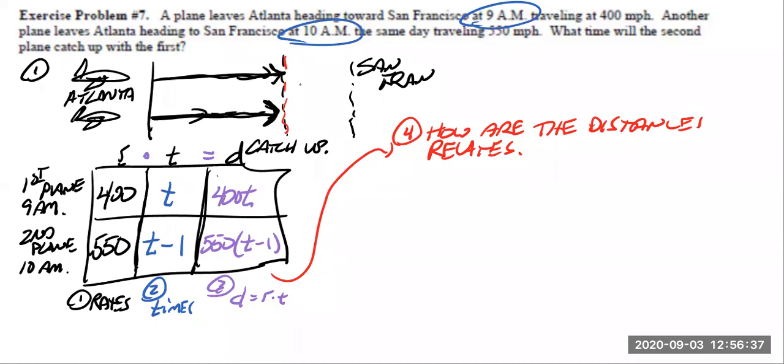Eventually the second plane will catch up. How can I relate the two distances? Well, when they catch up, they're going to be exactly at the same distance. So my relationship is that they're equal. I'll just take the two expressions: 400 t equals 550 times t minus 1.